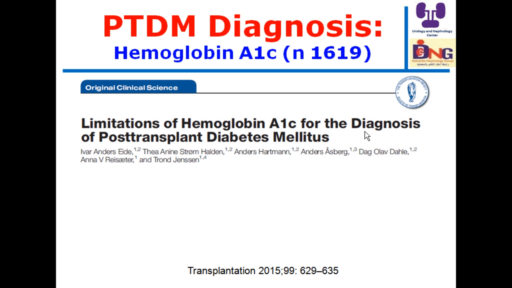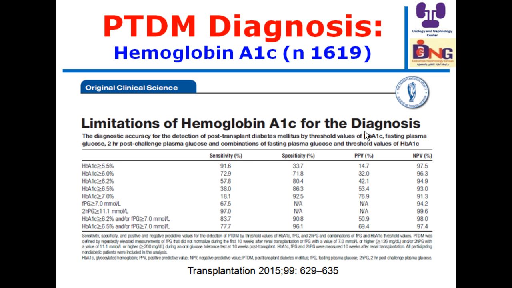This is one of the studies that showed limitation of hemoglobin A1C. Here, even if we use cutoff point of 5.5%, that increases the sensitivity for diagnosis of diabetes, but again, specificity and the predictive value are low. So there is a major limitation for the successful use of hemoglobin A1C after kidney transplantation.